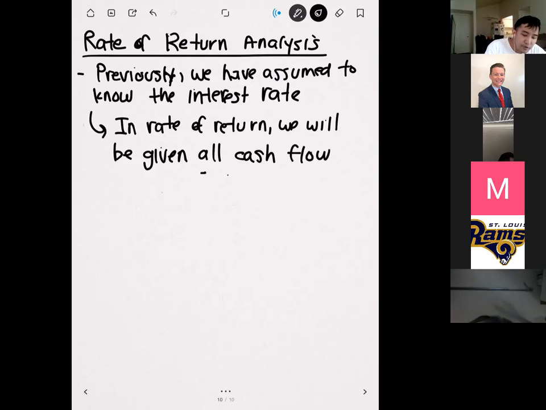And so we'll be given every single present sum, uniform series, maintenance, salvage, future value that we'll need for the problem. But these problems are not going to be giving us an interest rate.